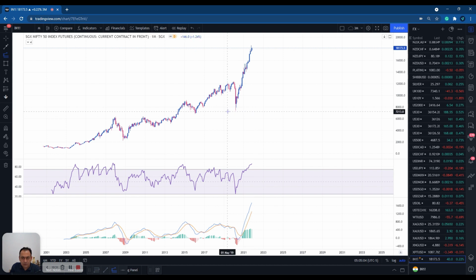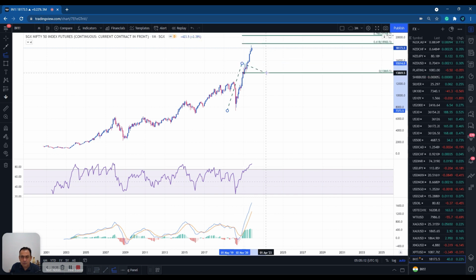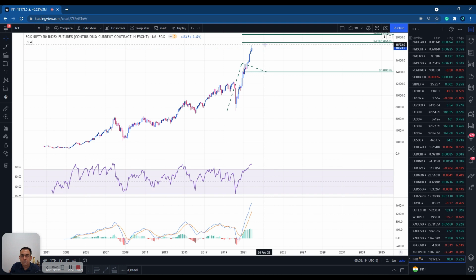From the previous trend low that we checked, the fifth extension 61.8. The area to be reached is around 19,000.